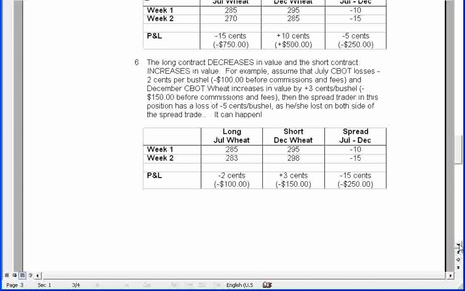They will not give you a break in margin for it. You will pay double margin because you will pay a margin on your long position and you will pay a margin on your short position. It's still exchange recognized, but the exchange is recognizing that spread as risky.